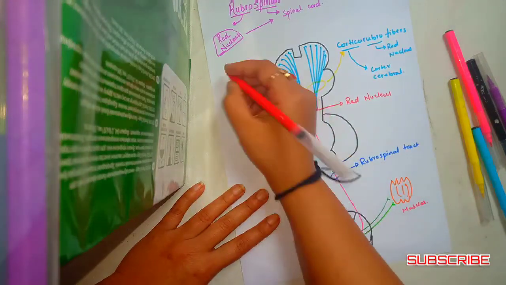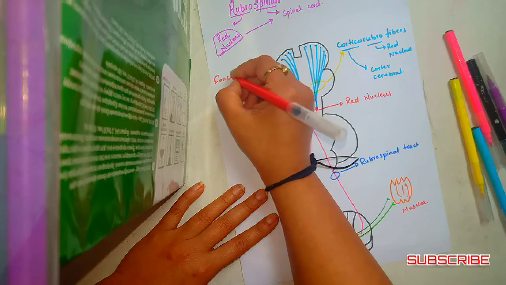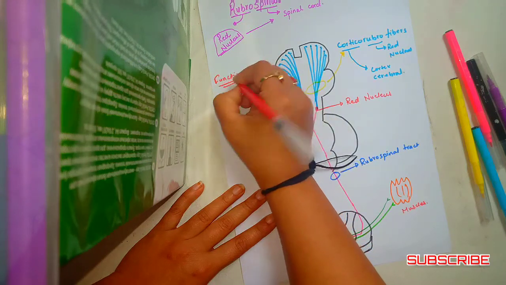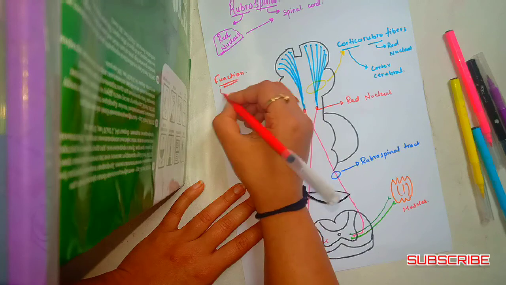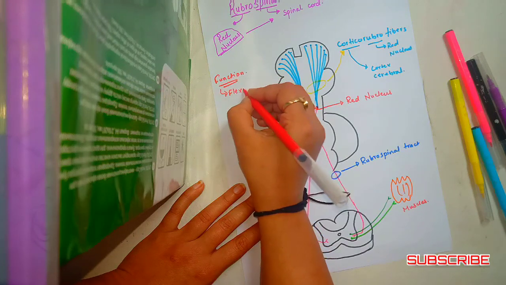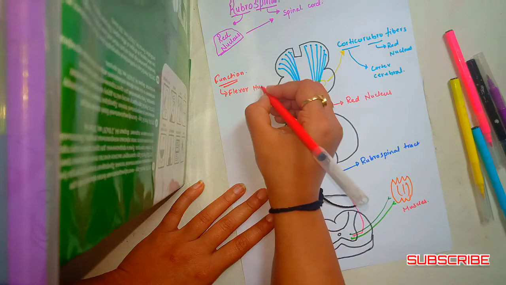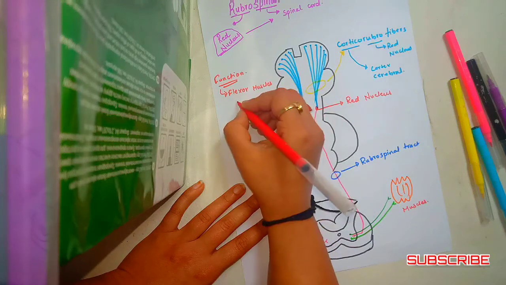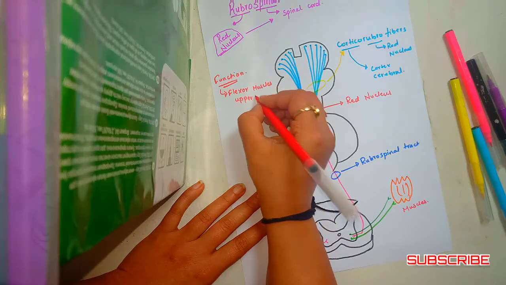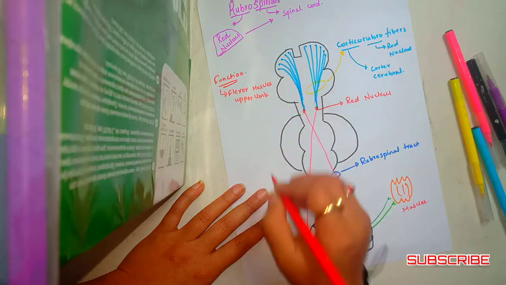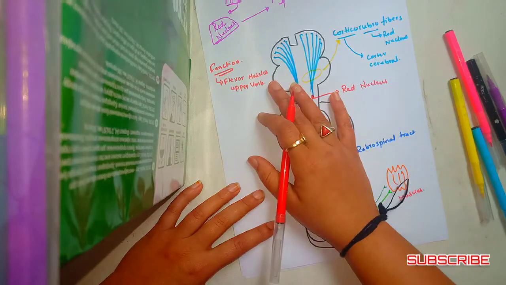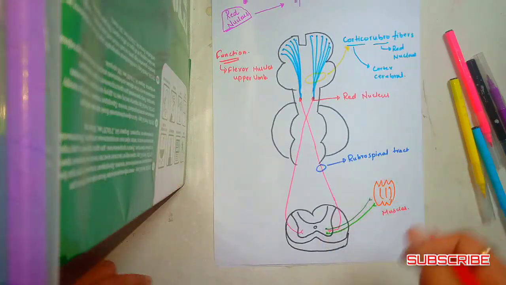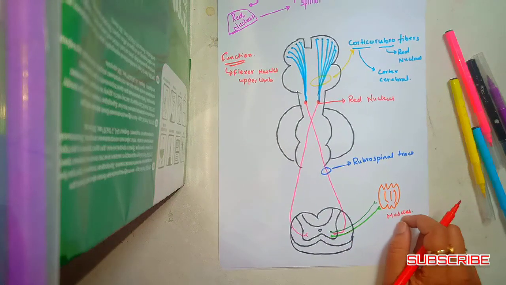What is the function? Which muscles does it stimulate? So flexor muscles of upper limb. Flexor muscle of upper limb only. Okay, so this is all about the rubrospinal tract.